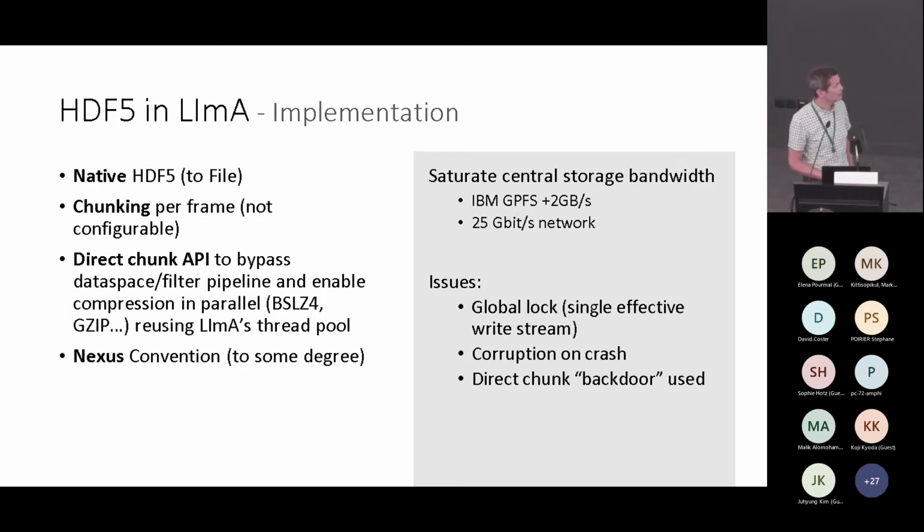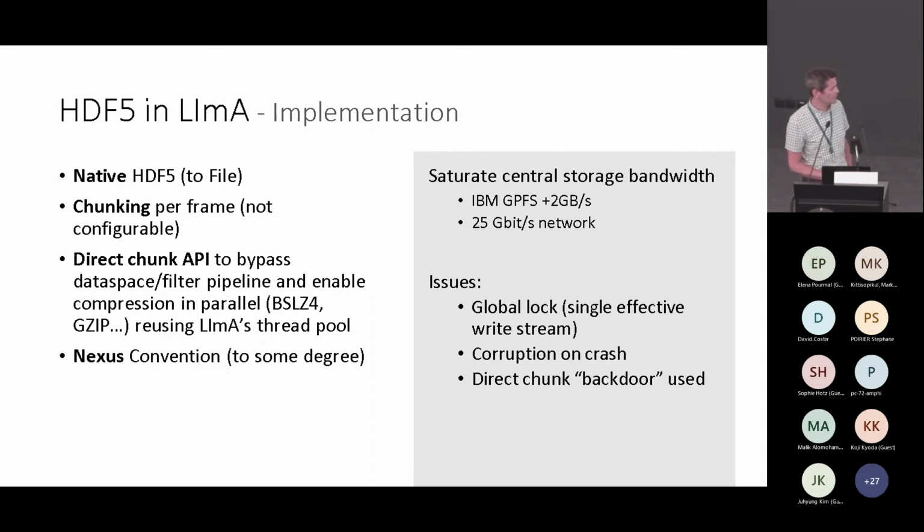The issues are not new. The first one is the global lock that we have at the library level. So we can only have one single effective write stream unless you remove the serialization, but that's something that's not really a good idea.